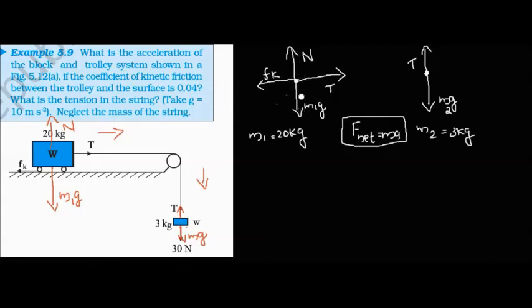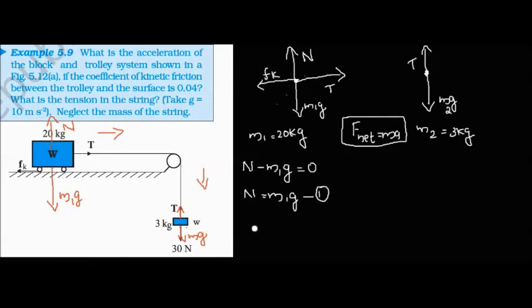Since the trolley is not moving along the vertical direction, it is moving in the horizontal direction, the acceleration along the vertical direction will be equal to 0. So the net force along the vertical direction is N minus m1g is equal to 0, or I can write that N is equal to m1g. Let this be equation number 1.